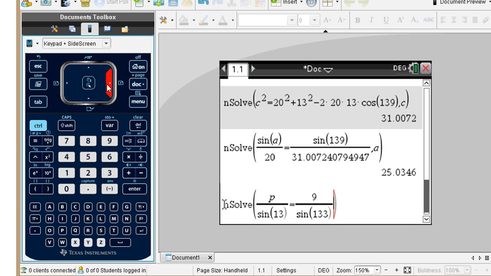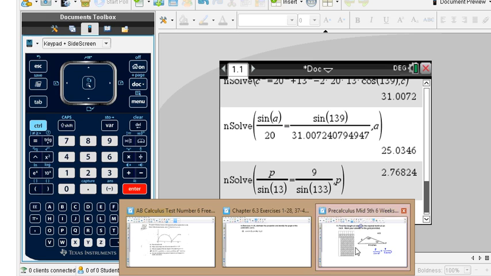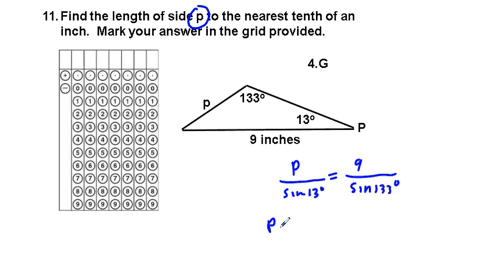We go over here to the right, press comma P, everything looks good. So we get 2.768. Okay, and rounded to the nearest tenth, that's going to be 2.8.